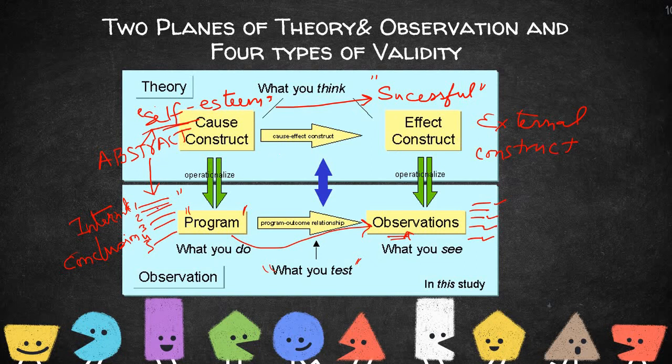Okay, so let's try to understand, and these validities build upon one another. So you start with conclusion, then you move to internal, and then you move to construct, and then you move to external. Not to worry, we will take it up in the next video. So try understanding that in the world of research we are constantly jumping back and forth from the plane of theory to the plane of observation, again going back to theory.